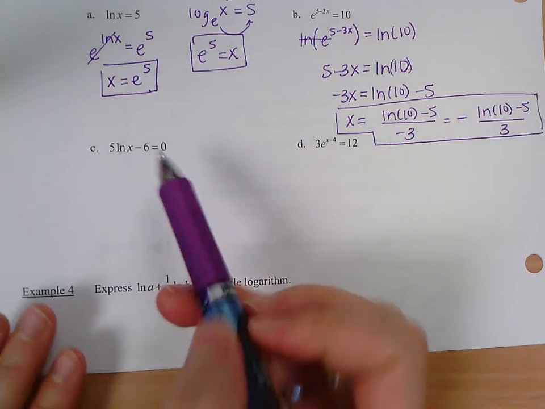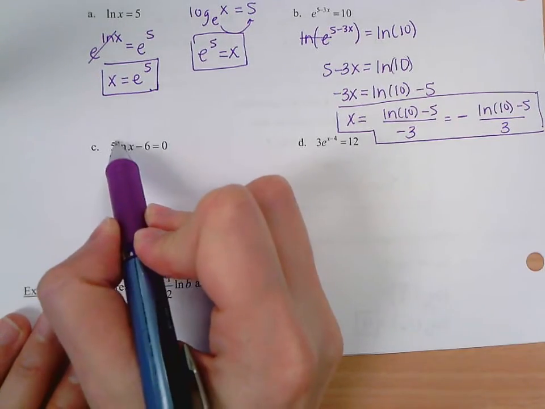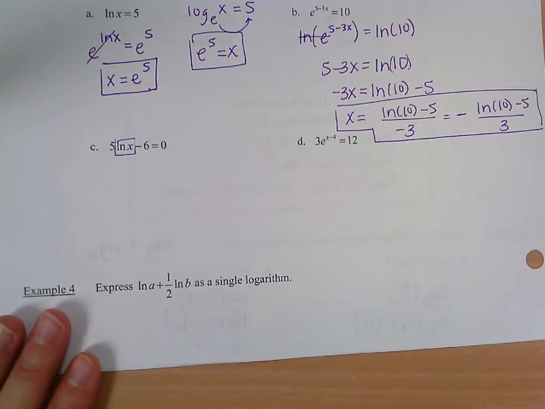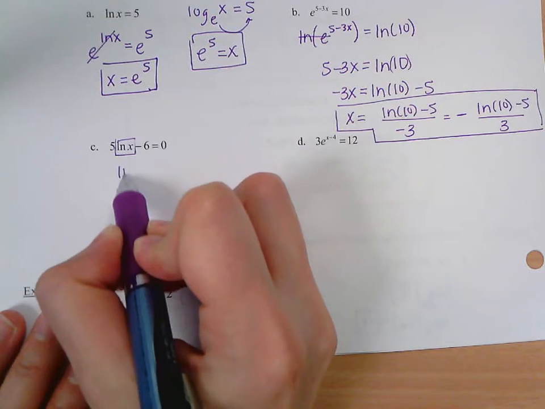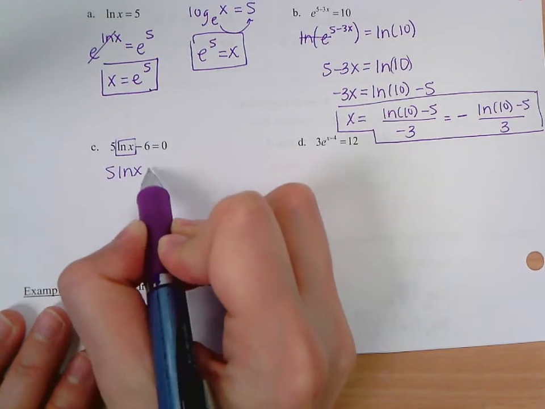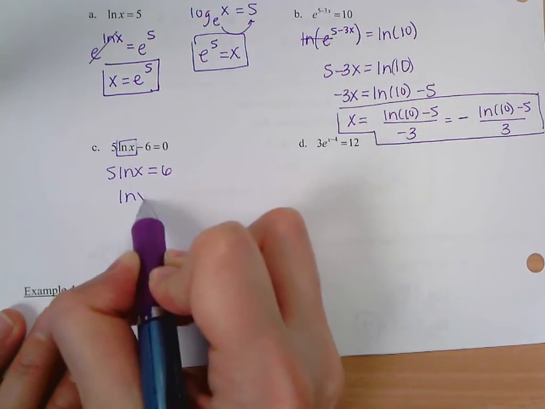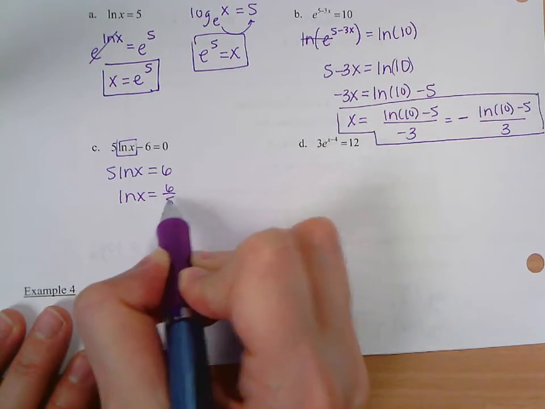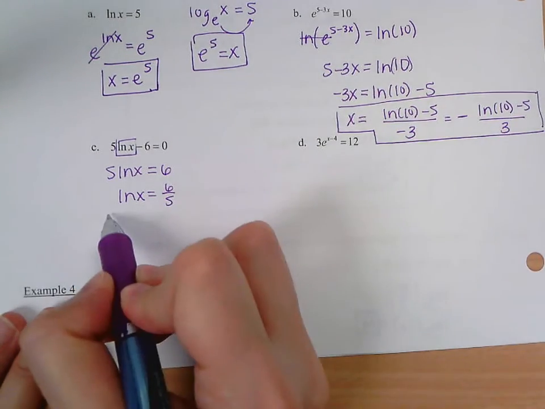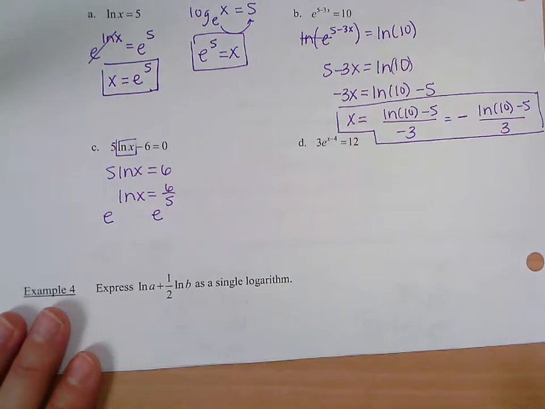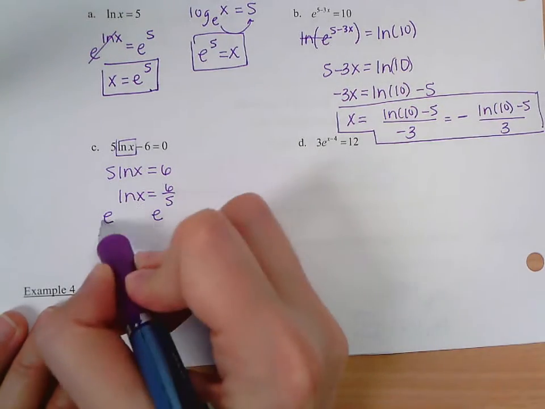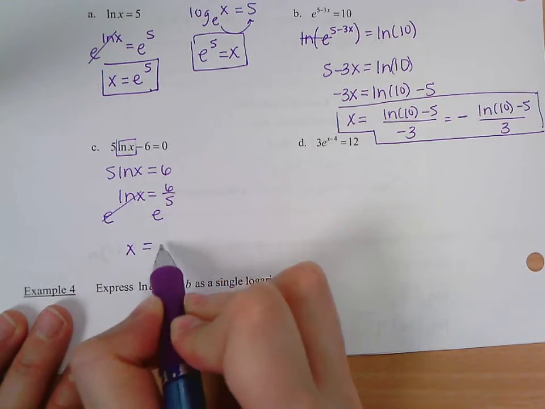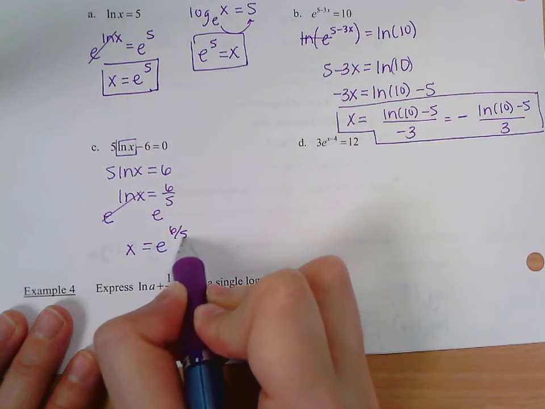So for this one, I'd have to get natural log of x alone. So I'd have to add 6 and divide by 5. So natural log of x is 6/5. Then I can raise both sides as powers of e. So I would have x equals e to the 6/5.